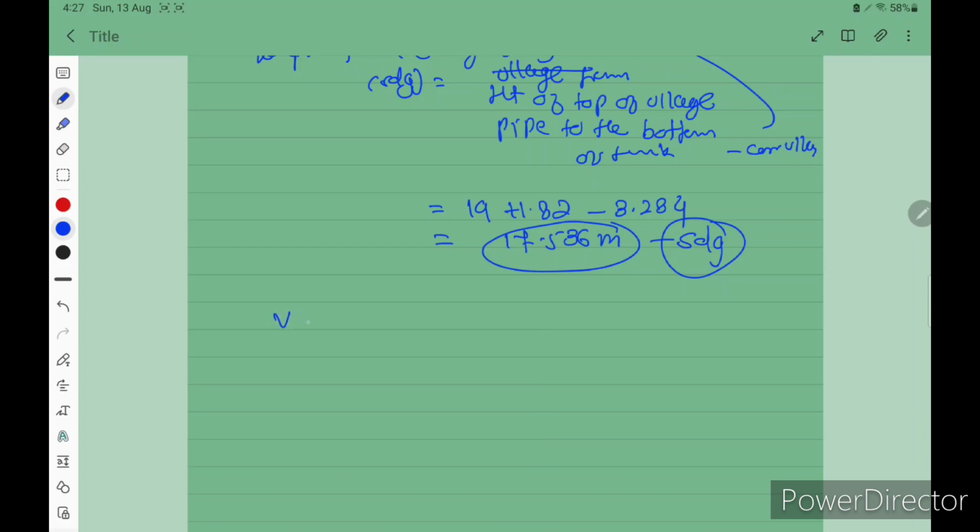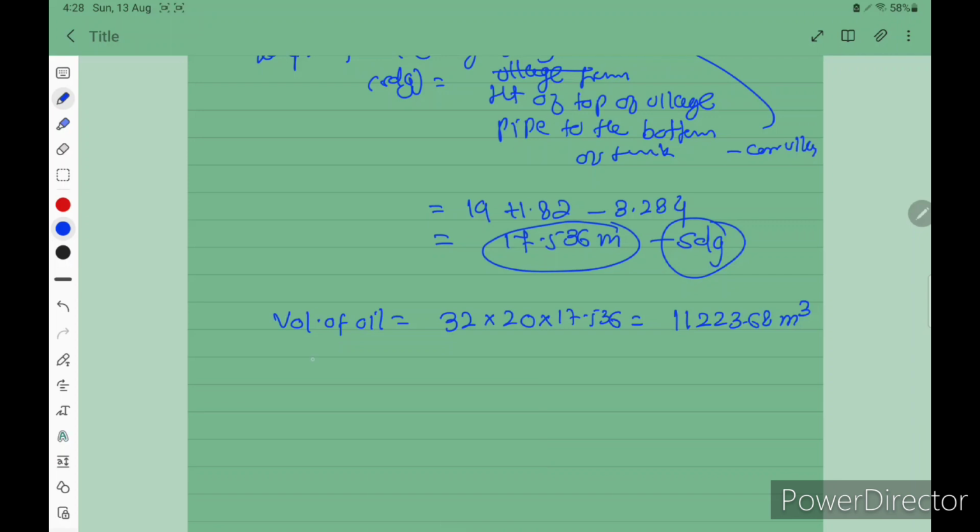Now, volume of oil in the tanks, we get 32 into 20. Length and breadth are the same, and we use this 17.536 and we get 11223.68 meter cube volume of oil.